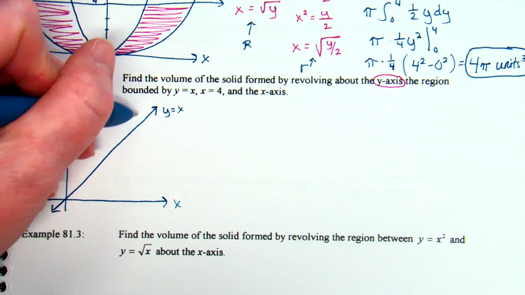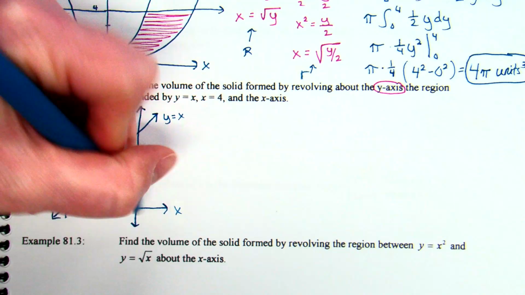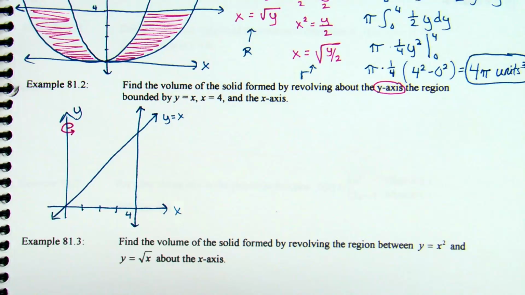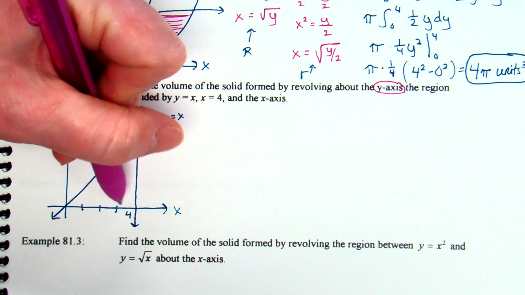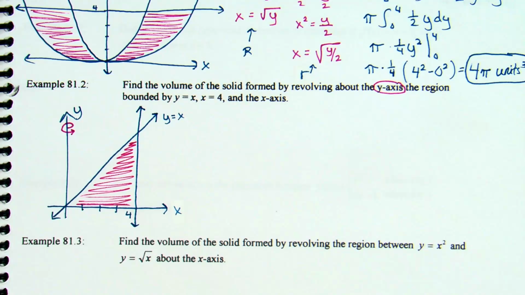Vertical line at 4. And the x-axis. So it is indeed a triangle.